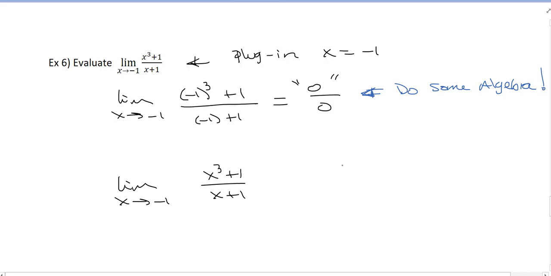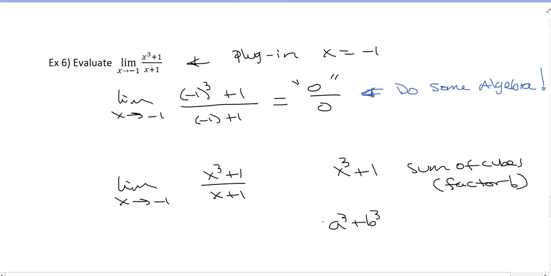Well, x cubed plus 1 looks like a sum of cubes, so I can factor using the a cubed plus b cubed formula. If we remember those, great, if we don't, that's okay, we'll review them. So this factors into a plus b, and then a squared minus ab plus b squared.